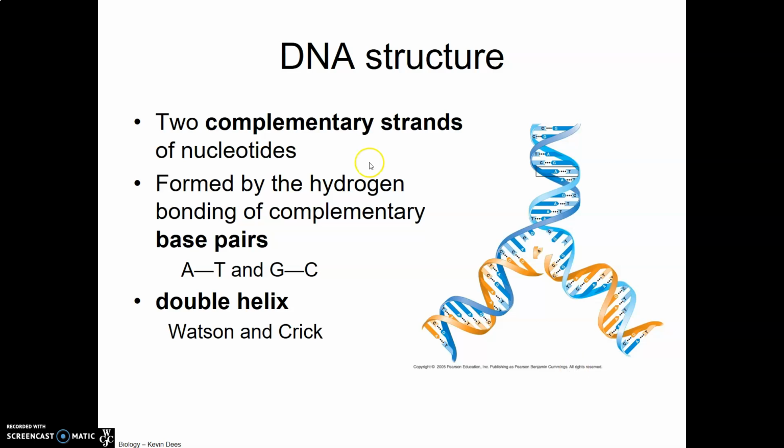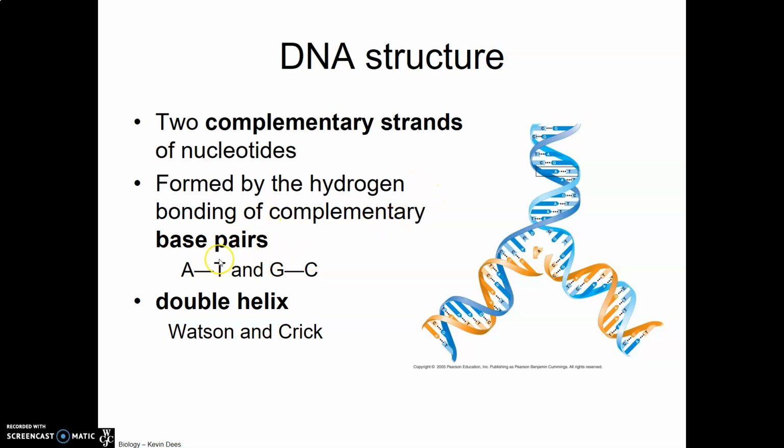Now, when we look at the structure of DNA, DNA is composed of 2 complementary strands of nucleotides. And what the word complementary refers to is that the information in one strand will determine the sequence of nucleotides in another, but they are not identical. And these 2 complementary strands of nucleotides in DNA are going to be formed by hydrogen bonding of these complementary base pairs.